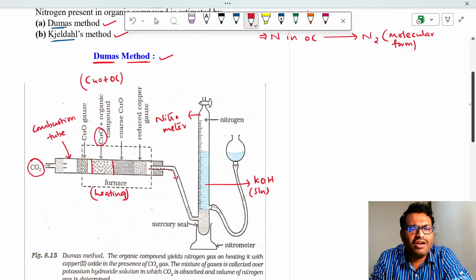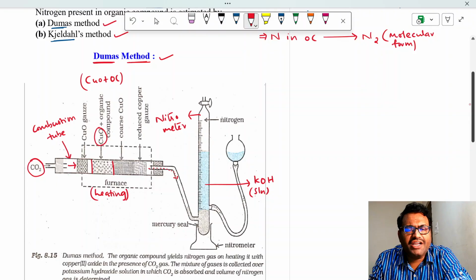So when you are passing carbon dioxide into this, if there is any air present in this combustion tube, that will come into the nitrometer and occupy the space over the KOH solution. Now you open this valve.